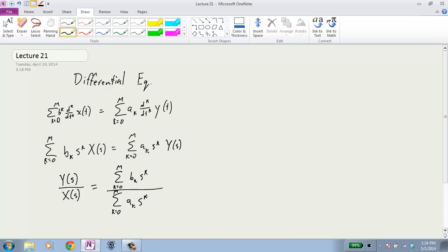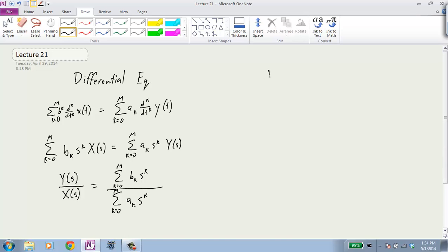Okay, so we also have something called a difference equation, which is the discrete time analog of this. And here you get things of this form.